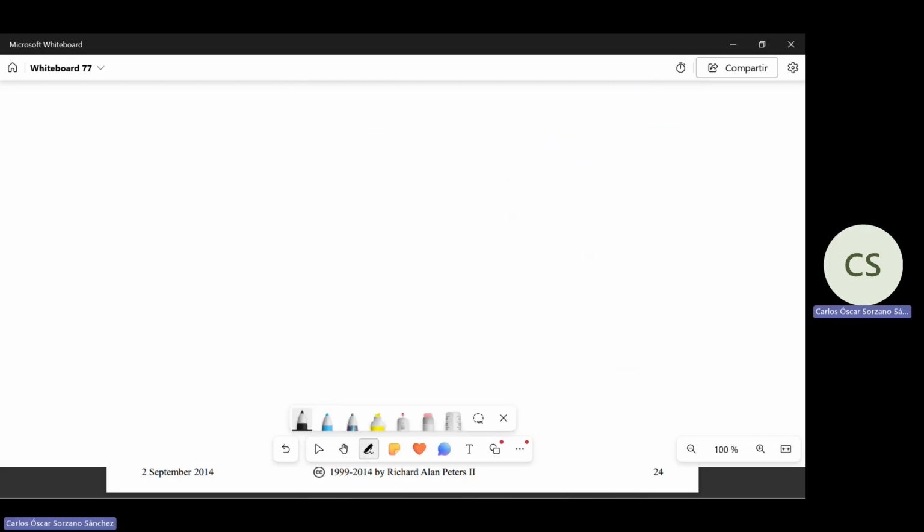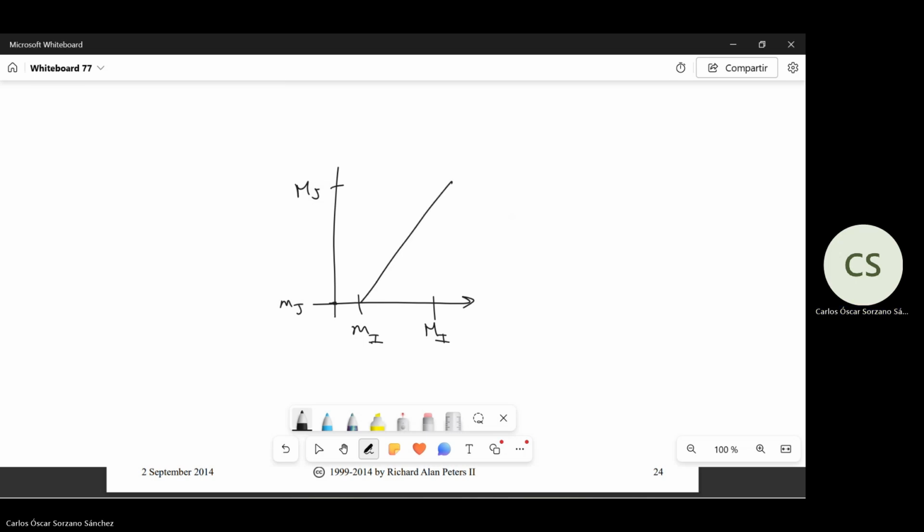You have an image I that goes from minimum of I to maximum of I, and we want it to go to minimum of J, but we will set it to 0, to maximum of J. So we want the equation of this line. This is X, this is Y. So how do we do this transformation, which is the equation of that line?